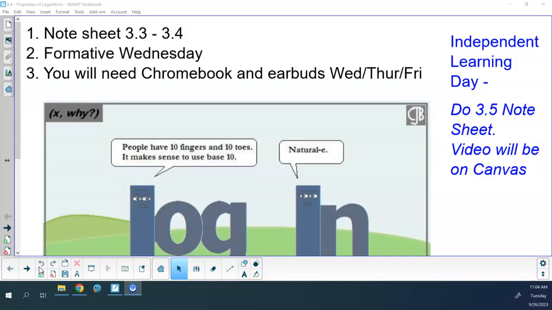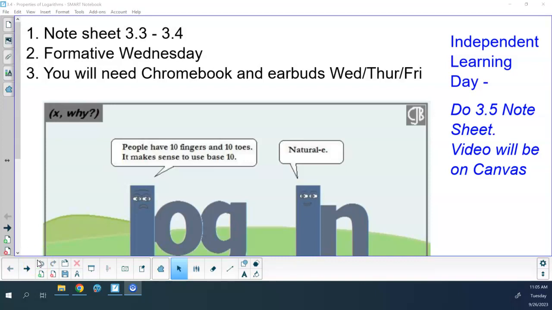Friday, there will be a video on Canvas, because remember, Friday is our independent learning day. So Friday there will be a video on Canvas and a note sheet to fill out along with, and that is what you have to do for this class.